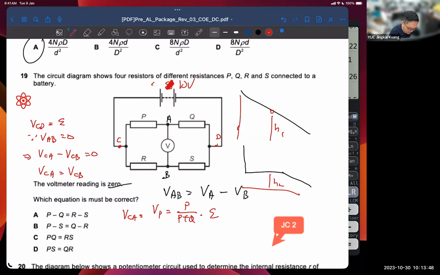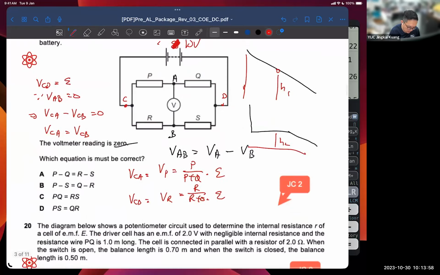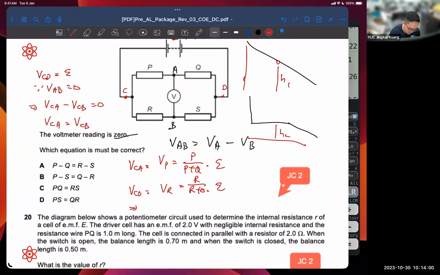Then to find VCB, which is just VR, VR is R over R plus S times EMF. Because these two are equal, I can say that P over P plus Q is equal to R over R plus S.